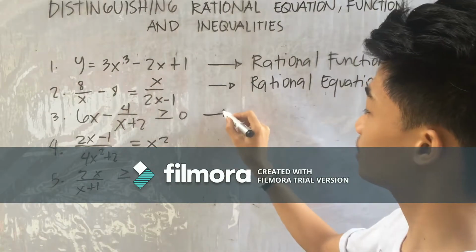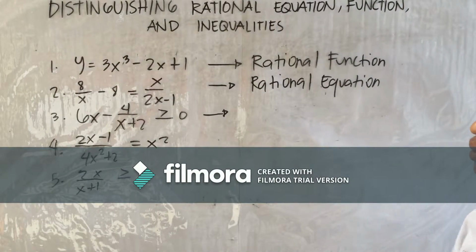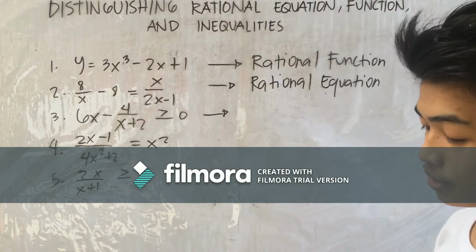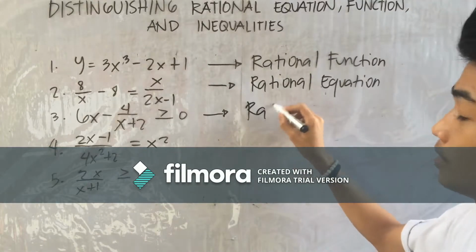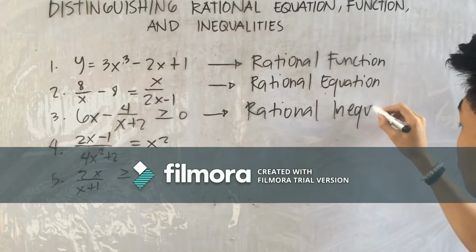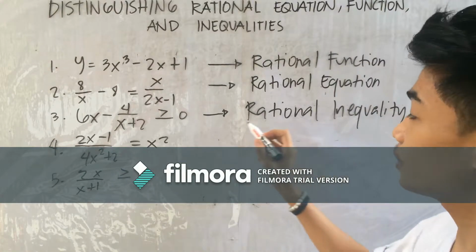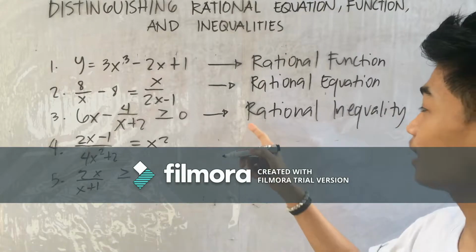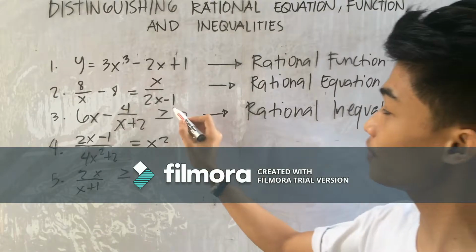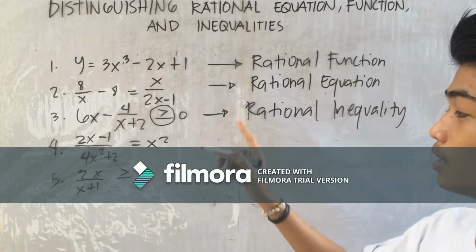So yung next is 6x minus 4 over x plus 2 greater than or equal to 0. This is a rational inequality. Rational inequality, bakit? Naging rational inequality yan because of this sign, which is the greater than or equal to 0.